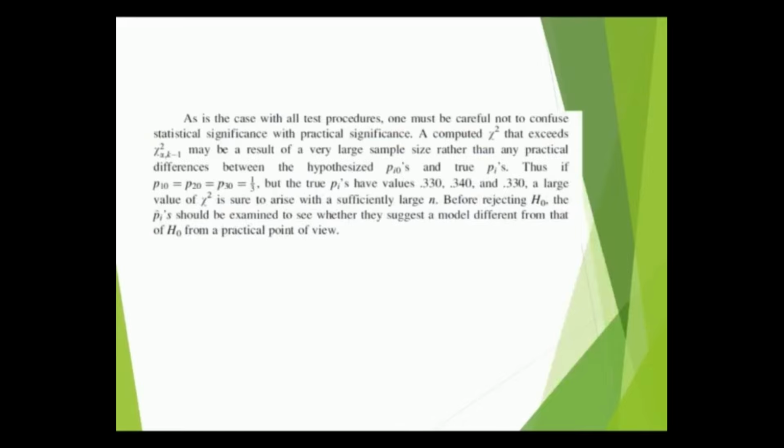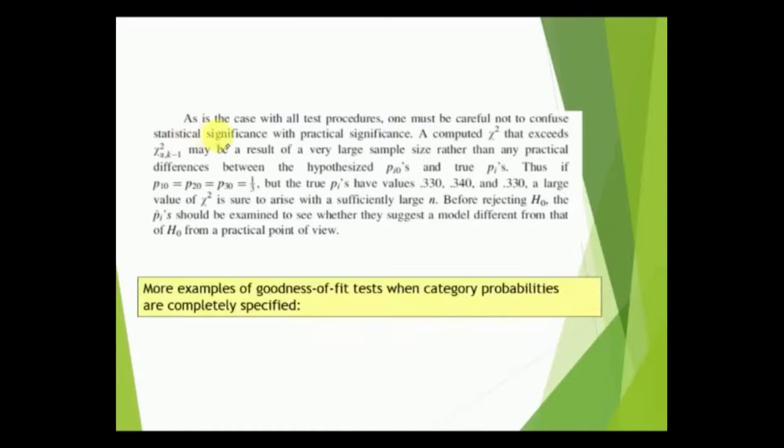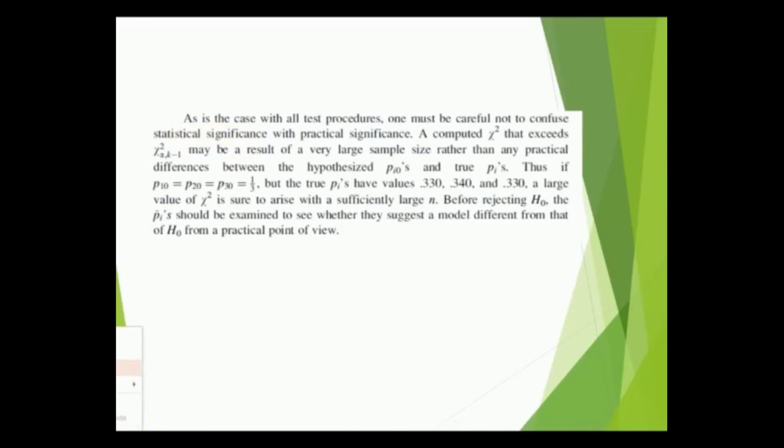In the last instance, just a reminder that you should not confuse statistical significance with practical significance. A computed chi-square that exceeds the critical value may be a result of a very large sample size. And then you have to be careful.